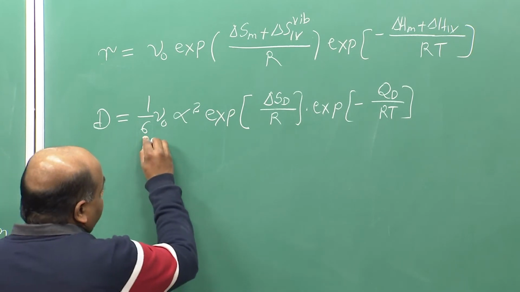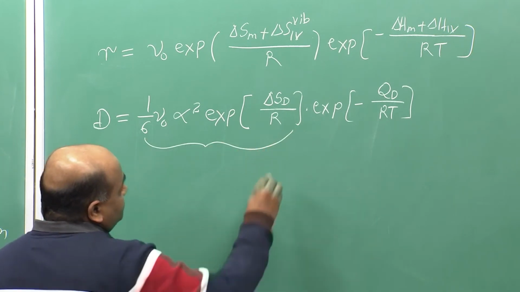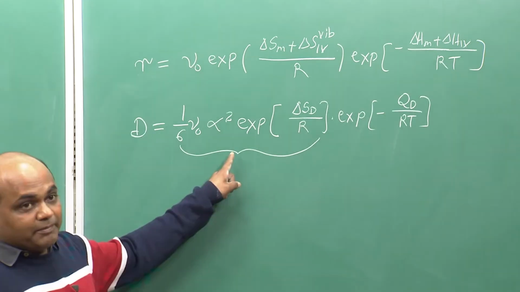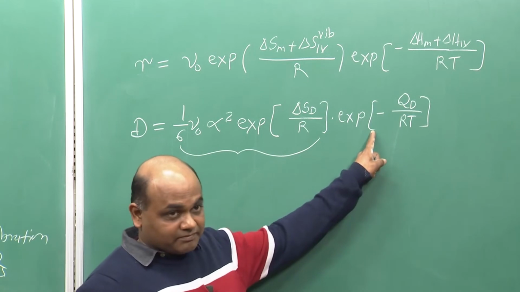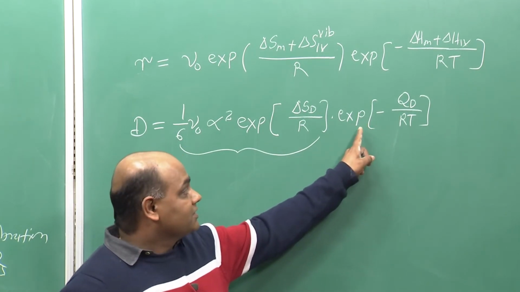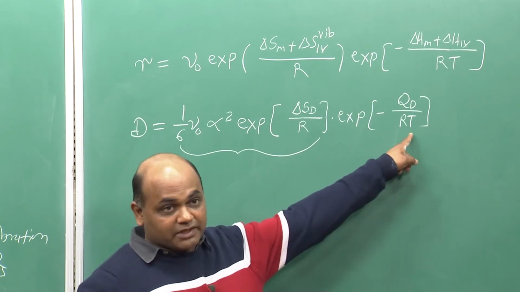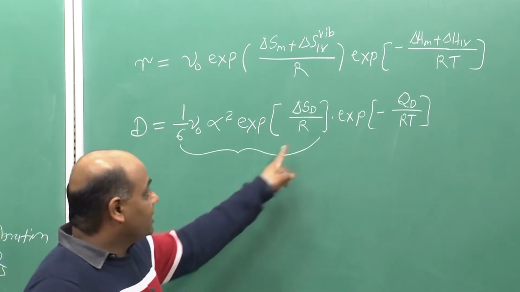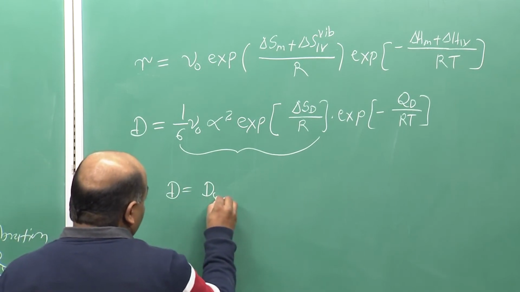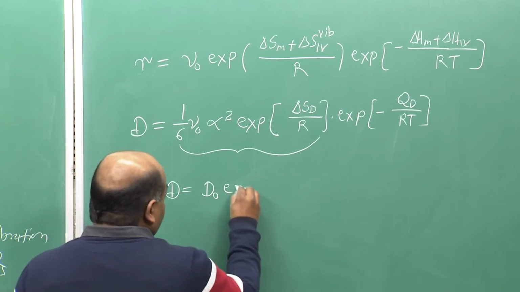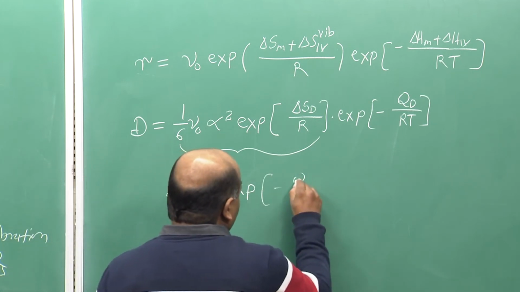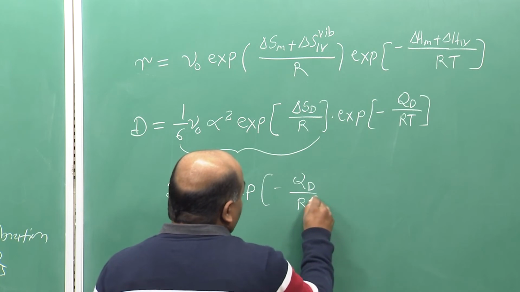Now, this term is typically relatively independent of temperature compared to this term. The second term, the exponential term, has an exponential dependence on temperature, and these are typically combined in one parameter, which is denoted as D0. So, we get an expression for D as D0 exponential minus Qd by RT.